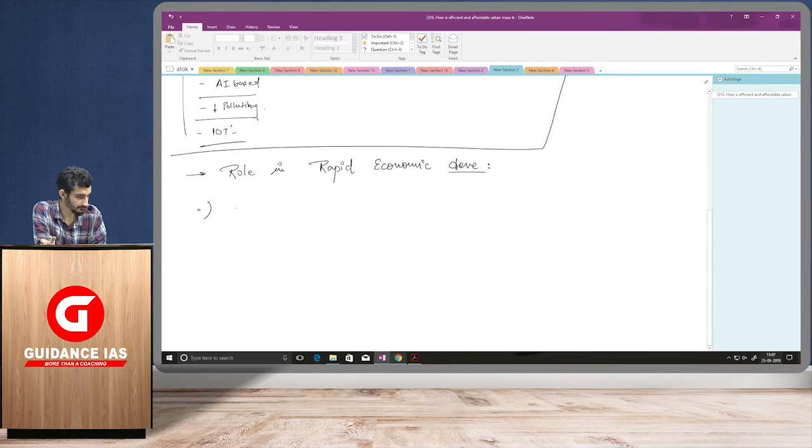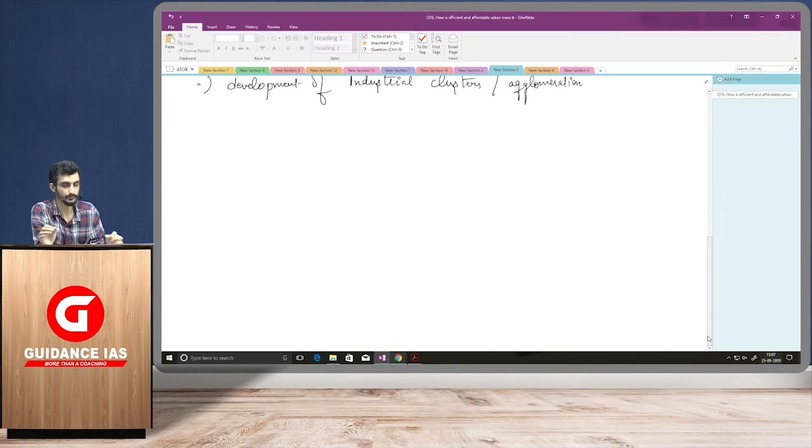First, it will lead to development of industrial clusters and agglomerations, because now due to good transportation activities, industrially it will help in formation of industrial clusters and agglomeration, and that will help us to reap the economies of scale.